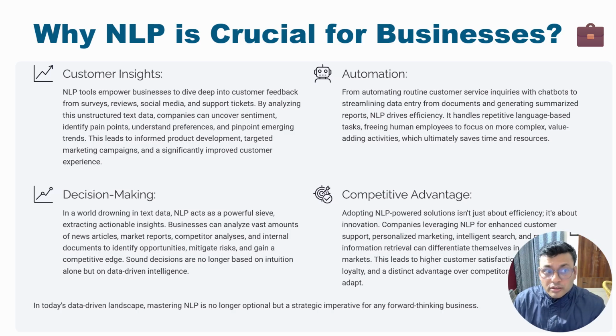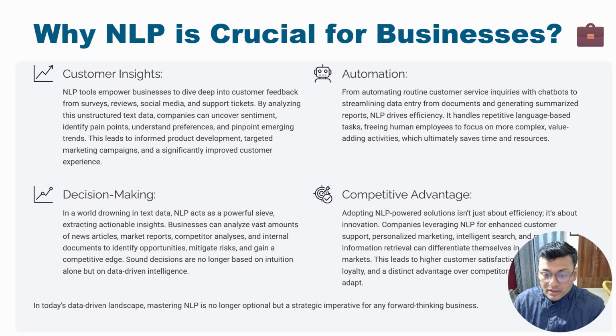Now, the next question is why NLP is crucial for the business. If you see, there are four pillars I mentioned: customer insight, decision making, automation, and competitive advantage. For business, NLP is a game changer. It helps analyze customer feedback, automate support, and make smarter decisions. Companies can uncover sentiment, identify pain points, and streamline operations.